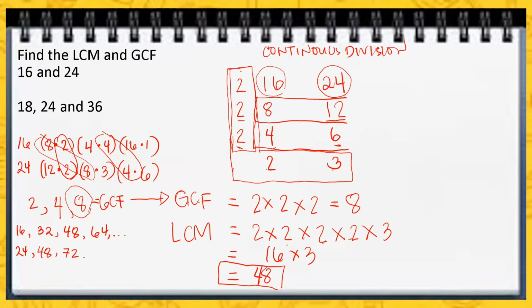So if we can see now, the common multiple of 16 and 24, na pinakamababa, then that is our multiple, which is the 48. Ito na yung pinakamababang magkaparehang multiple ng 16 and 24. Again, if you observe it, same lang din siya ng ating answer using the continuous division.